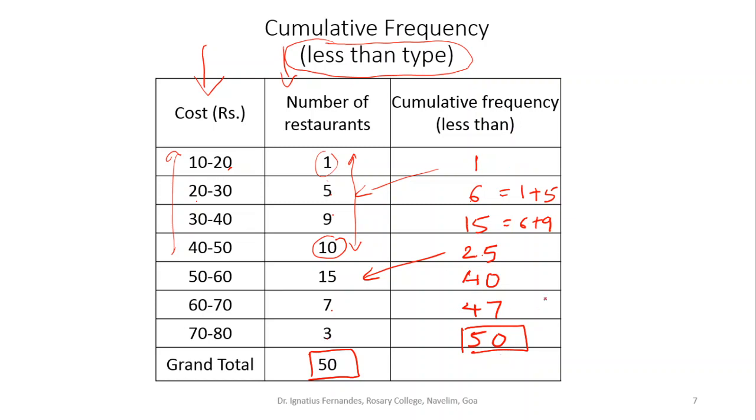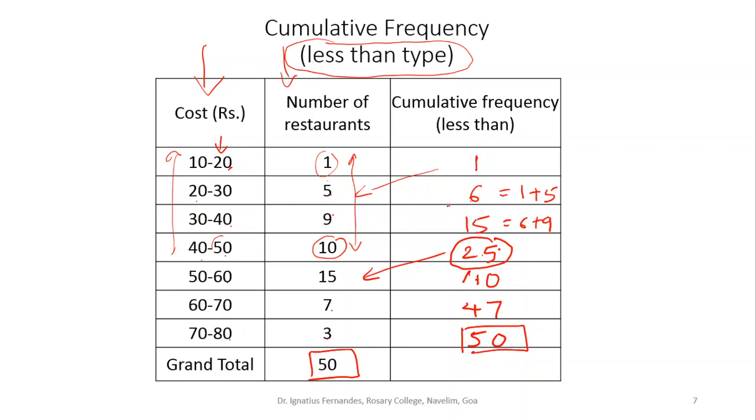Now what do I mean by each of these values? When I look at 25 here, I mean that there are 25 restaurants which give their meal for rupees less than 50. So when I am looking at less than cumulative frequencies, I am referring to these upper limits 20, 30, 40, 50, 60, 70, 80.